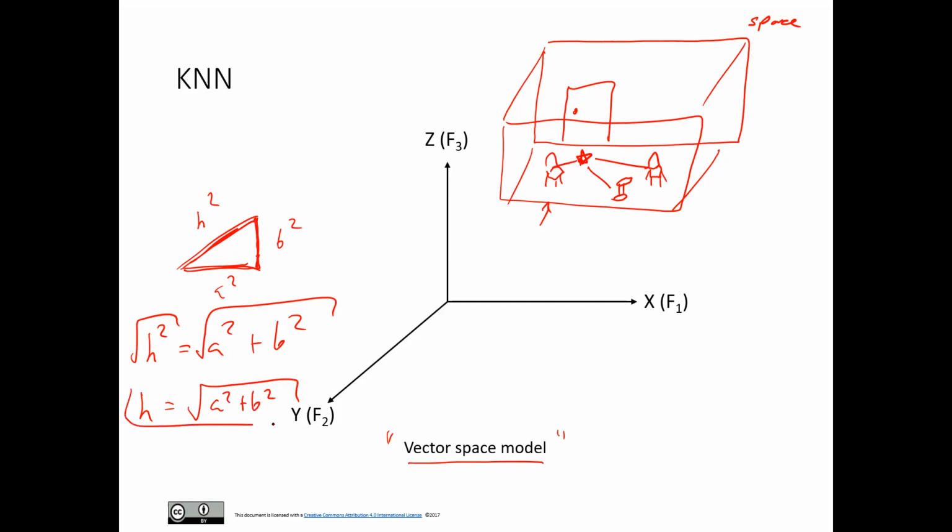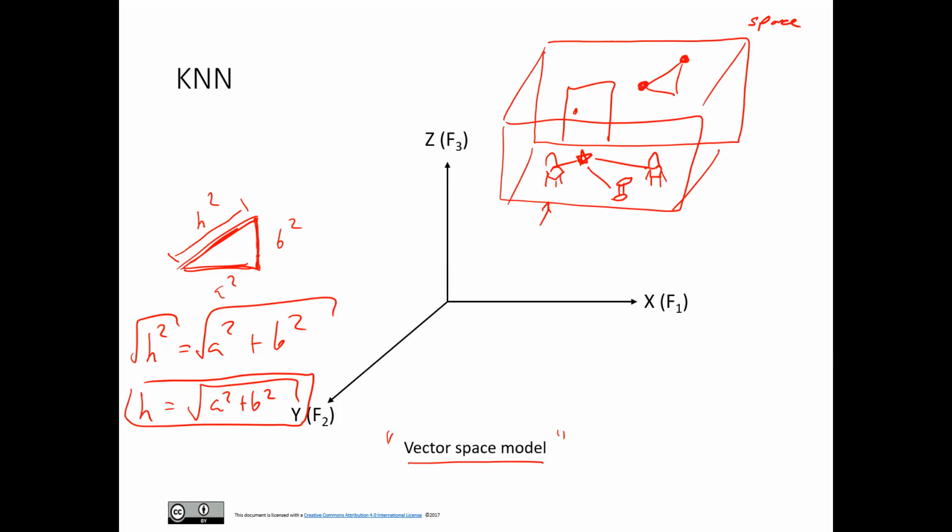That's the Pythagoras equation, and that basic idea allows us to determine the distance of that triangle. Another way of putting it is, if we put that triangle into space, now we can calculate the distance between this point and that point.